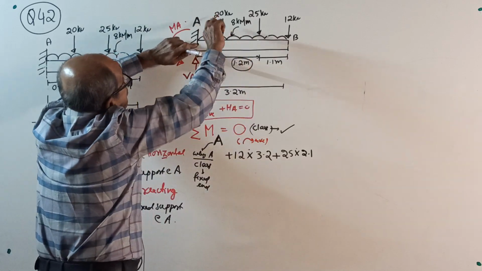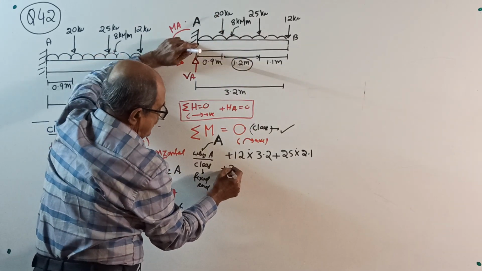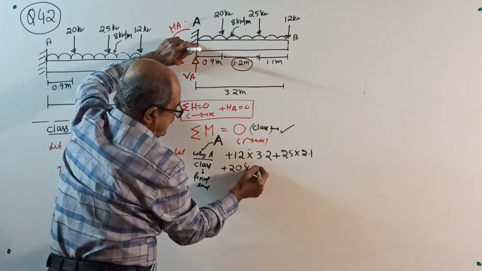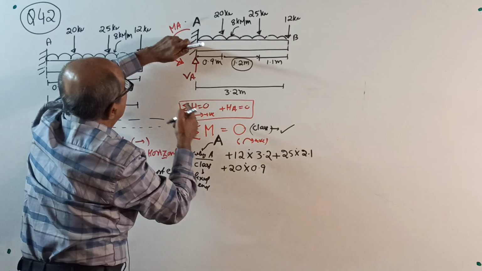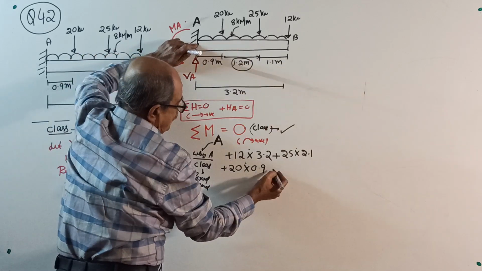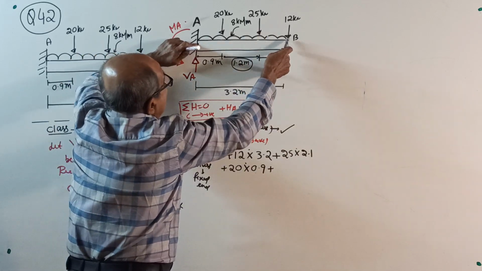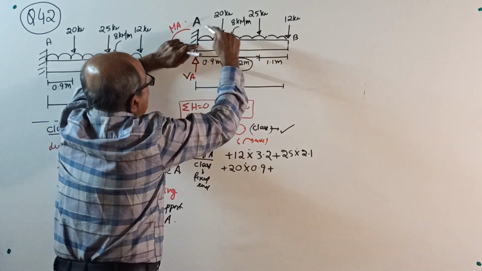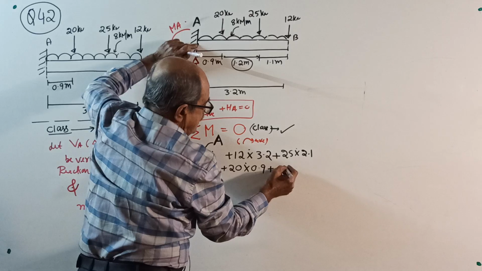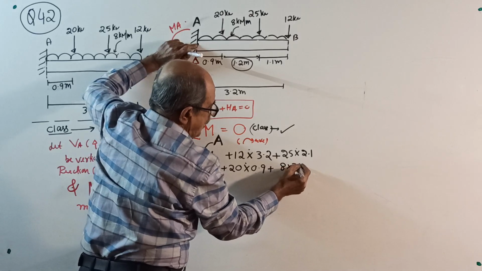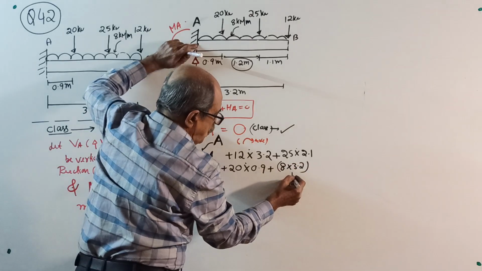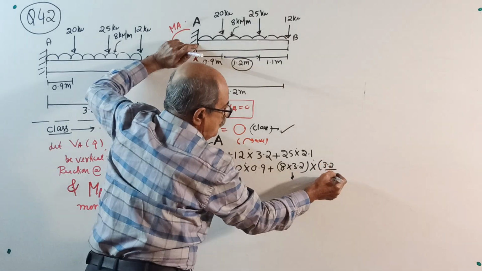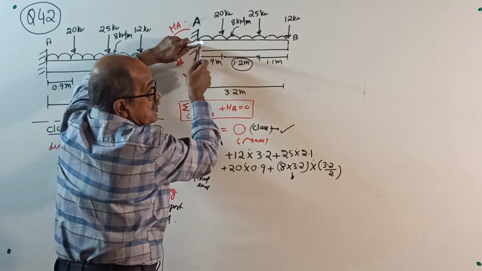Then plus 20 into 0.9. I am not removing the finger from here, plus clockwise. UDL, 8 kilonewton per meter for 3.2 meter. 8 into 3.2 is the total load, into 3.2 by 2, because you are taking moment about the edge of the UDL.